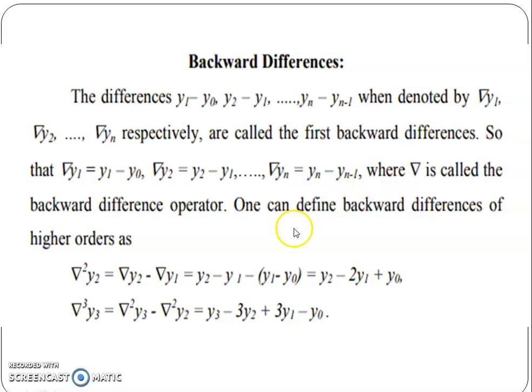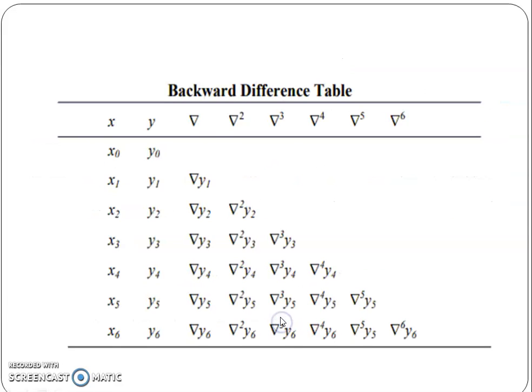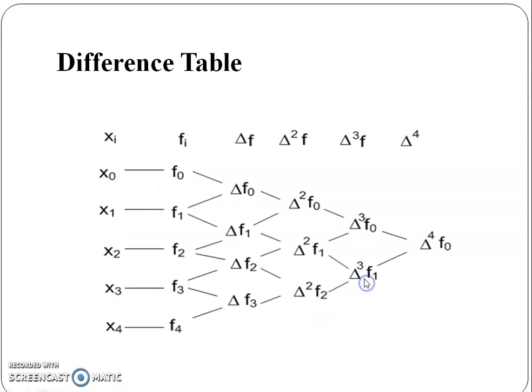Similarly, second order backward differences are defined like this, as in the forward differences. Similarly, we can easily construct the backward difference table. This is values of x, this is values of y. So this is first order backward difference. This is second order backward difference, third order, fourth order, likewise.